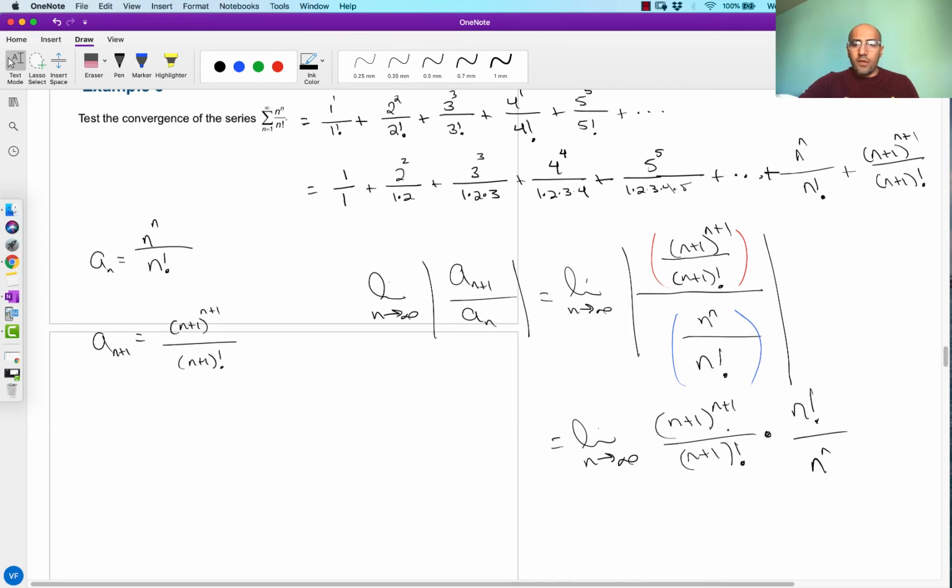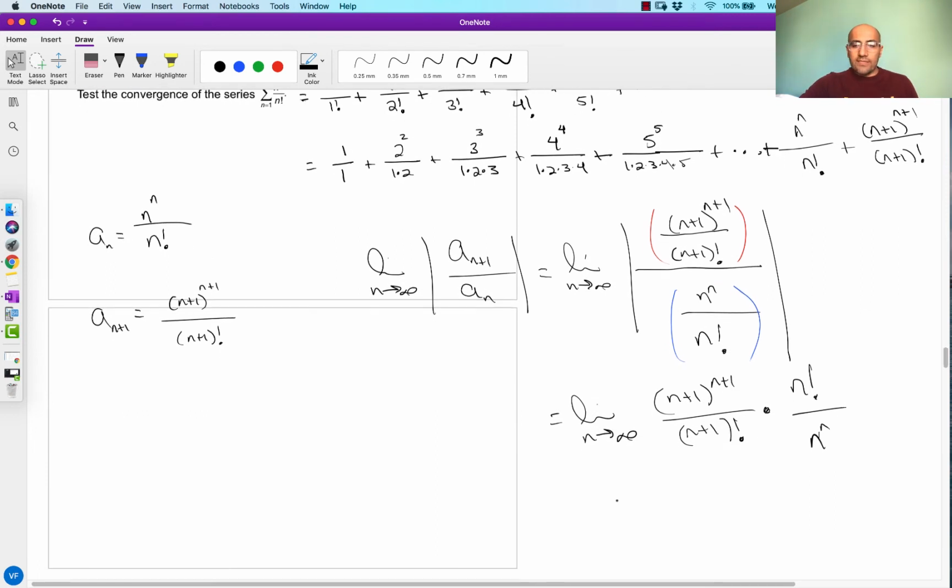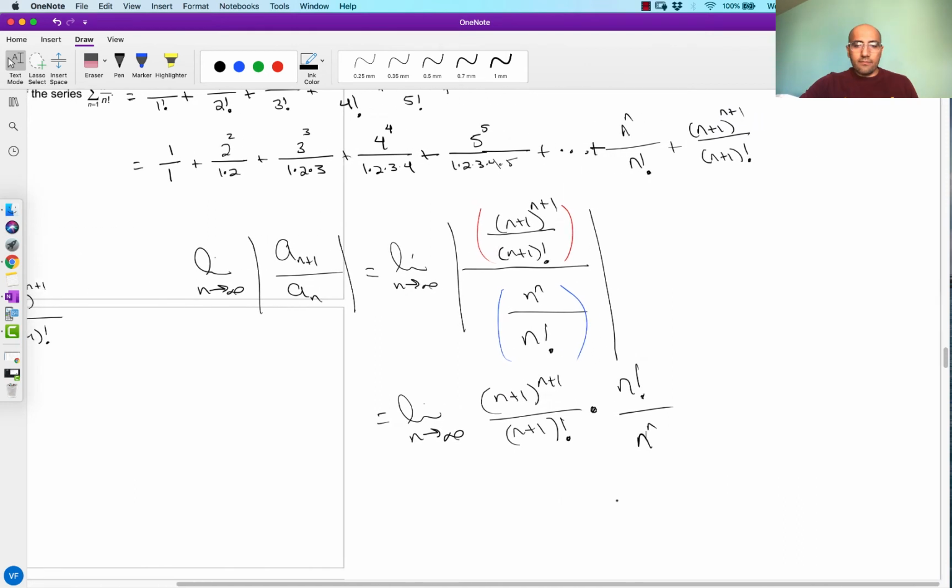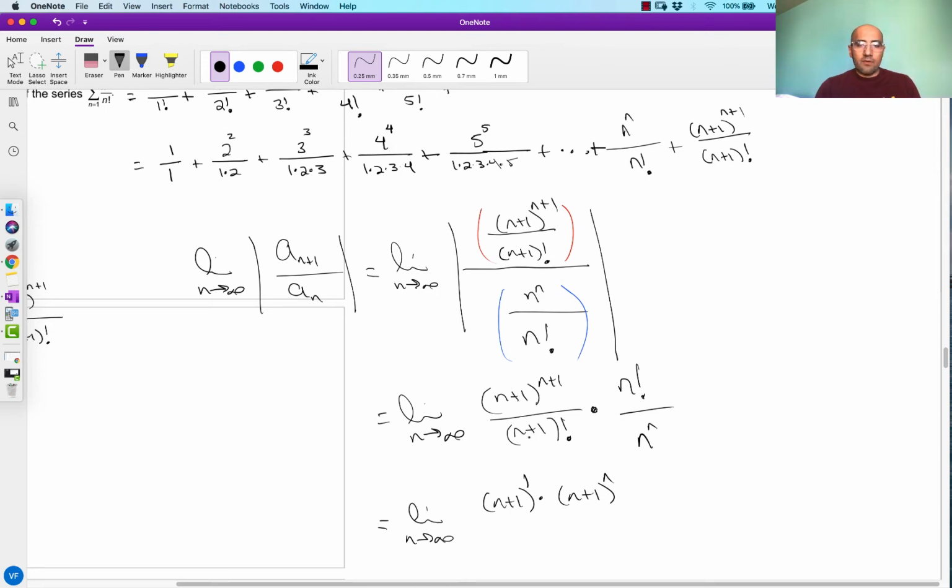Okay, so now n plus 1 to the power of n plus 1, we can simplify that a little bit. We can say that that is equal to the limit as n goes to infinity of n plus 1 to the power of 1 times n plus 1 to the power of n. And same thing with this factorial, we can simplify it a little bit.